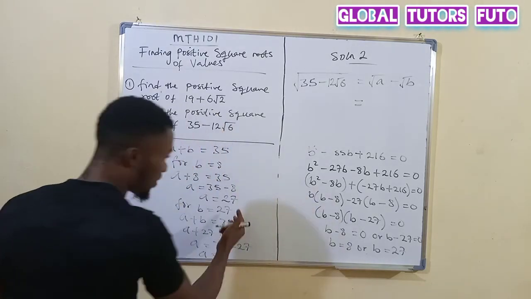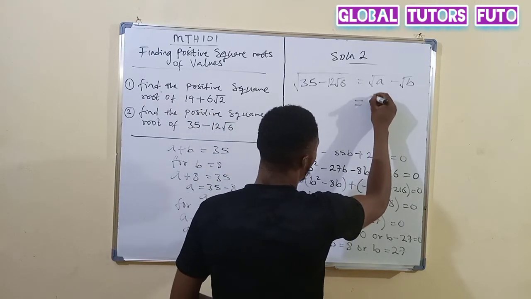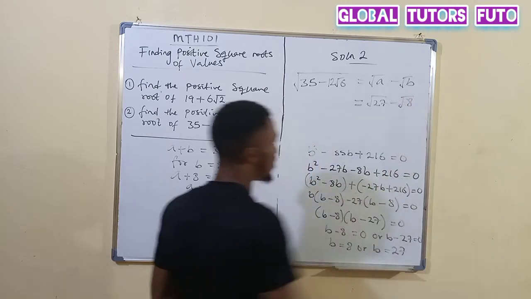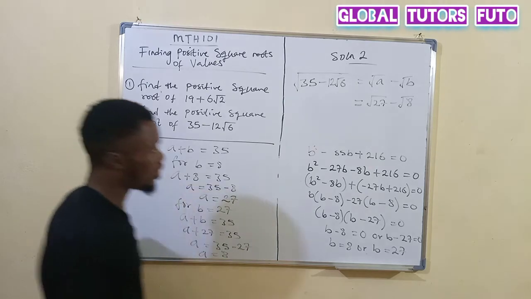So let A take the two numbers we have, 27 and 8. So let this be root 27 minus root 8.